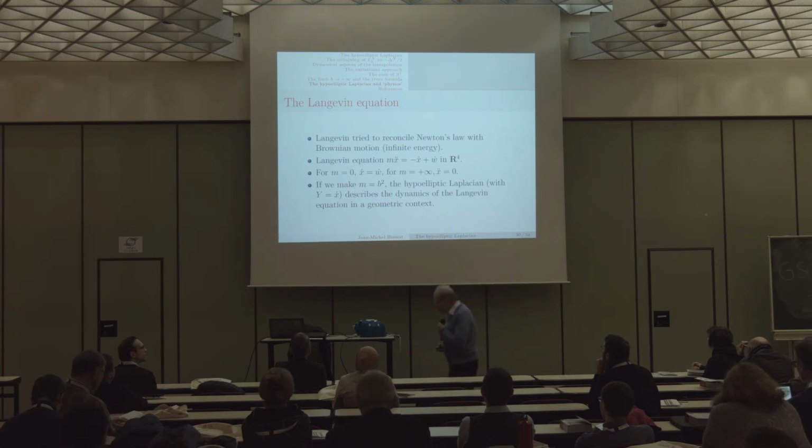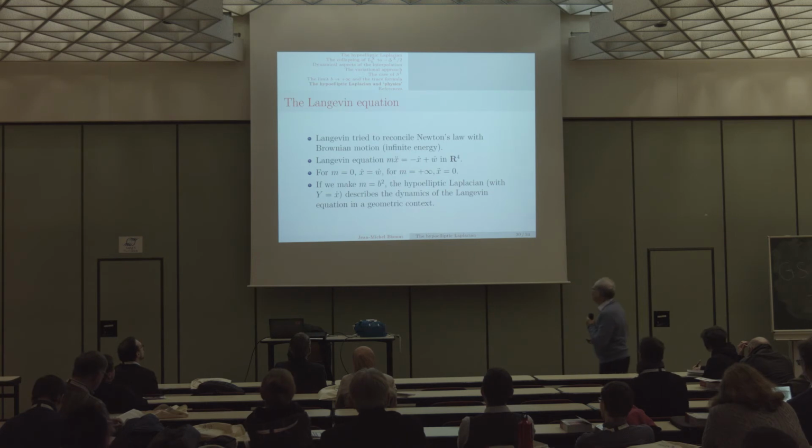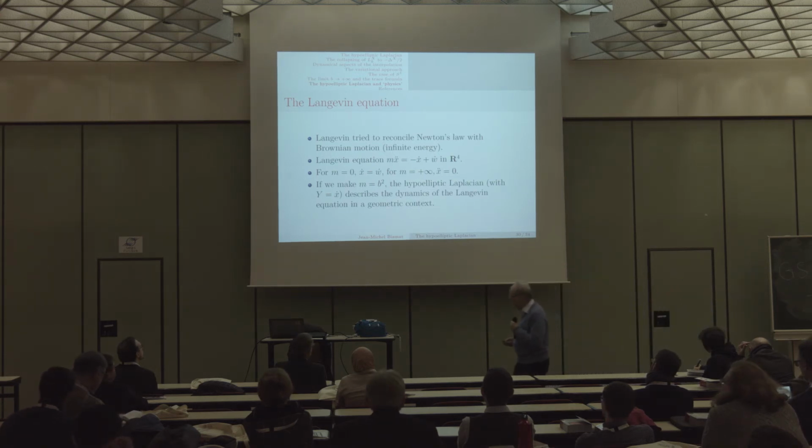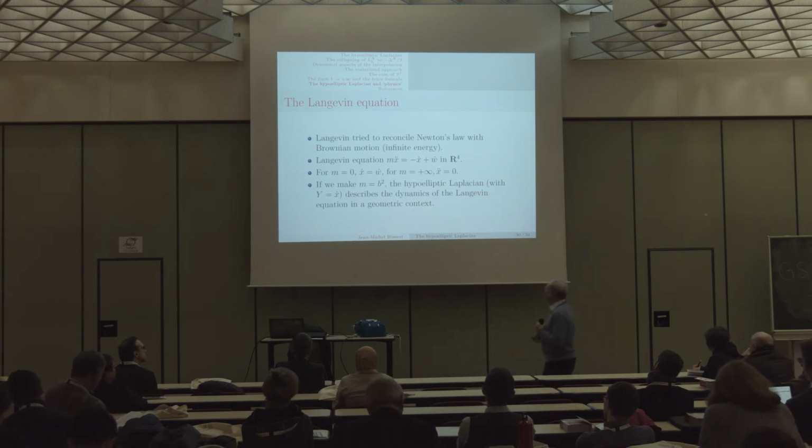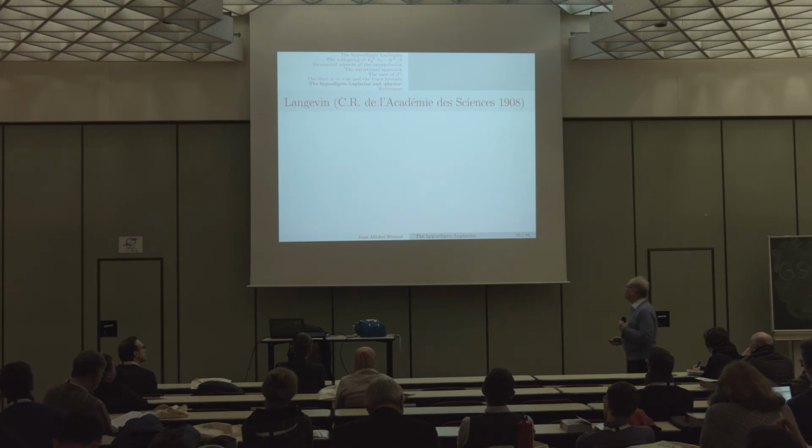However, what we observe is that if we make m equals b squared, the hypoelliptic Laplacian, in some sense, describes the dynamics of the Langevin equation in a geometric context. So that's exactly the same equation. Again, my point is that this deformation preserves spectral quantities, which of course did not interest Langevin at the time.